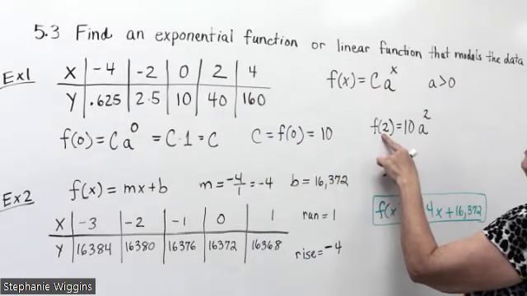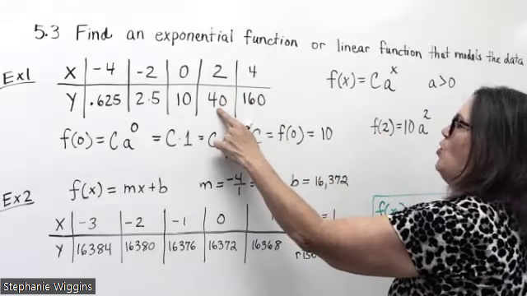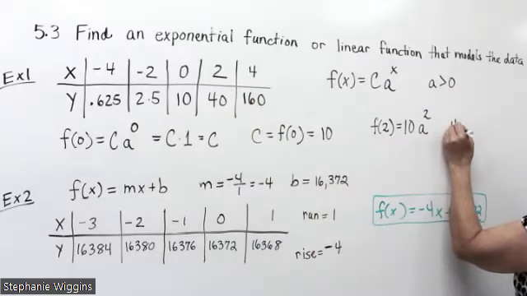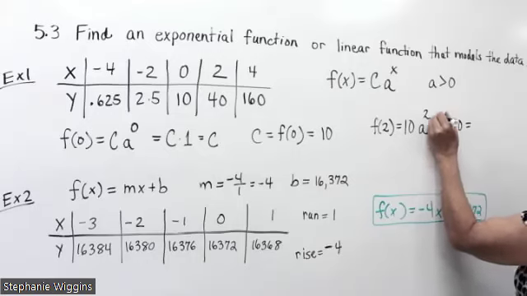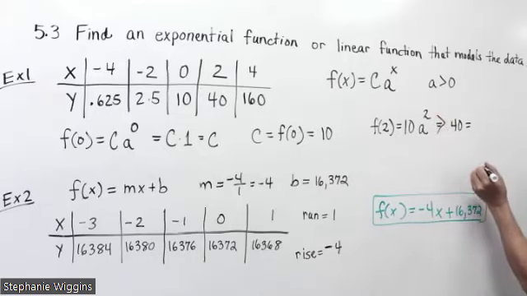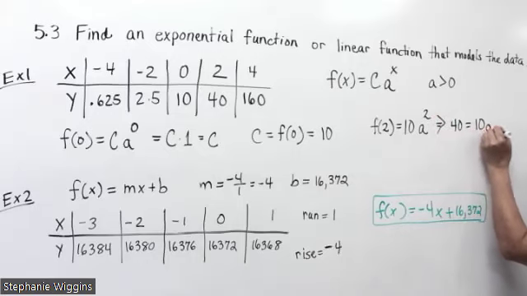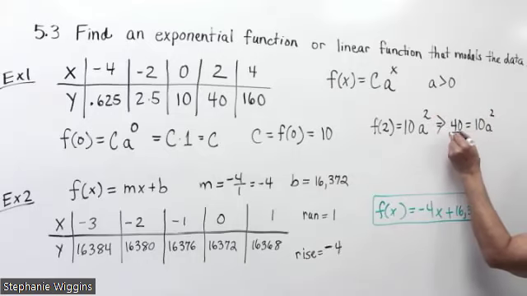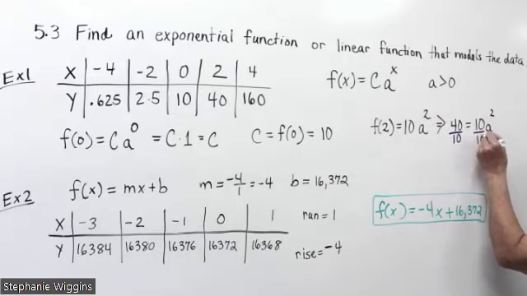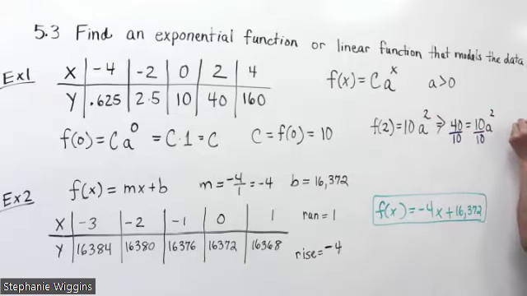First of all, what is f of 2? Well, that's just 40. So we have that 40 is equal to 10 times a squared. Now I'm going to divide both sides by 10, and that gives me 4 equals a squared.